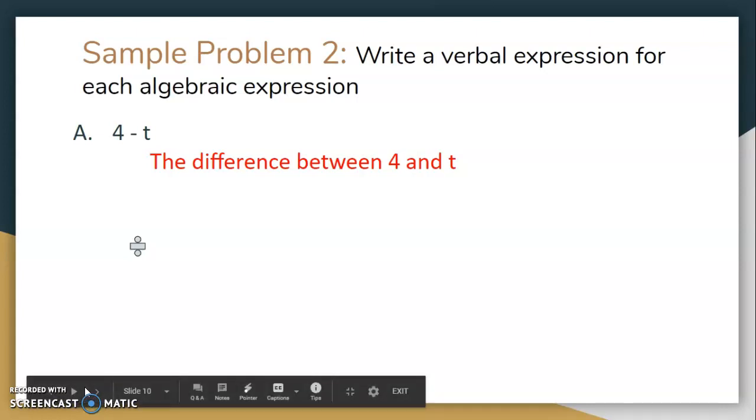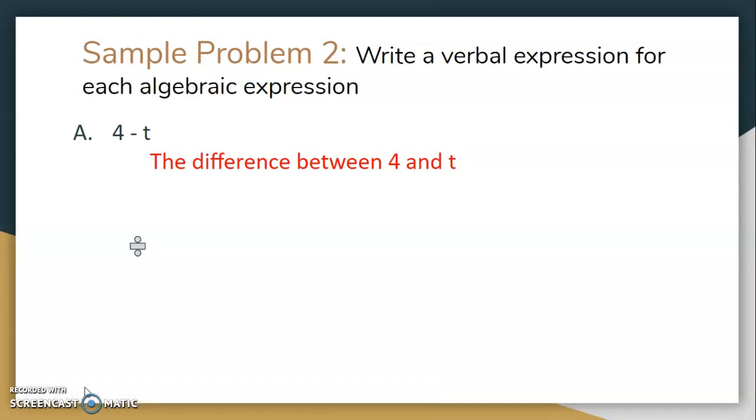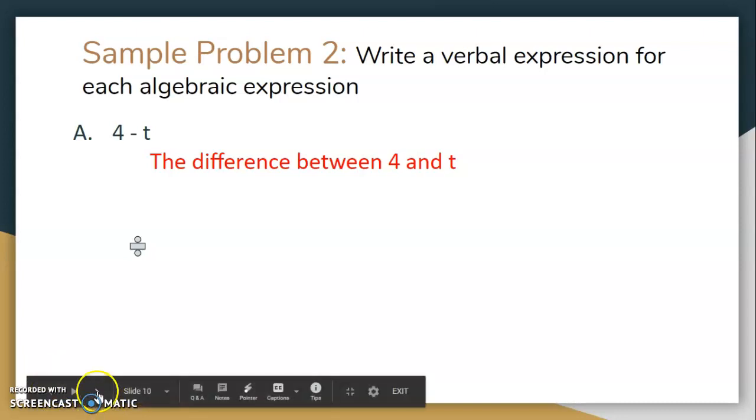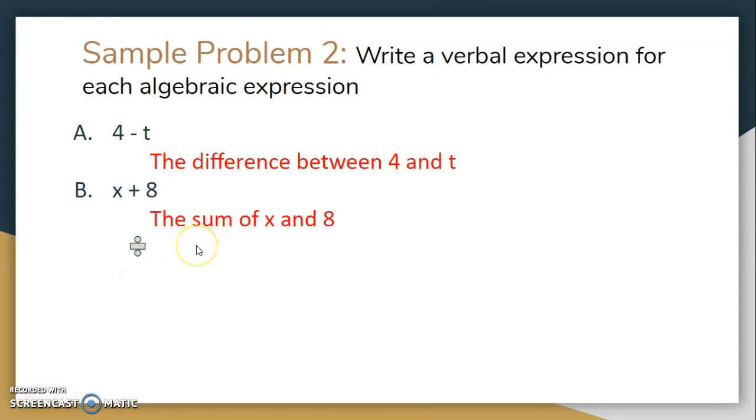And you have to put the 4 first because it wants to know the difference between 4 and t, not t and 4. x plus 8. The sum of x and 8. So sum means add, x and 8.